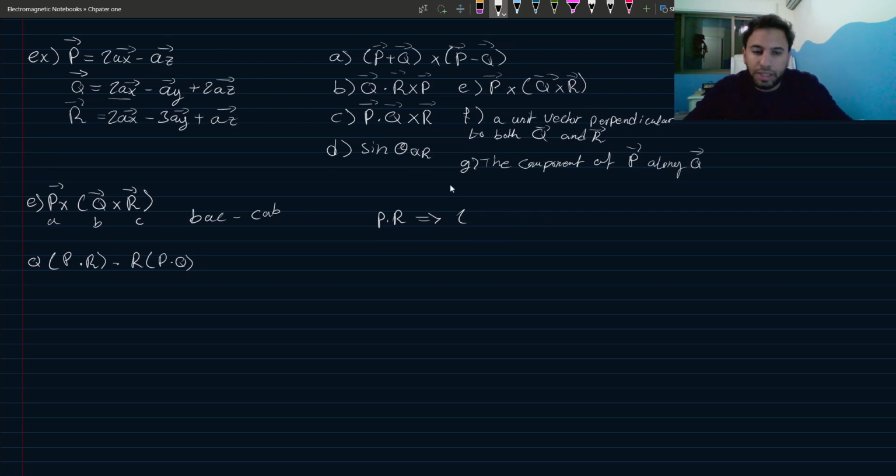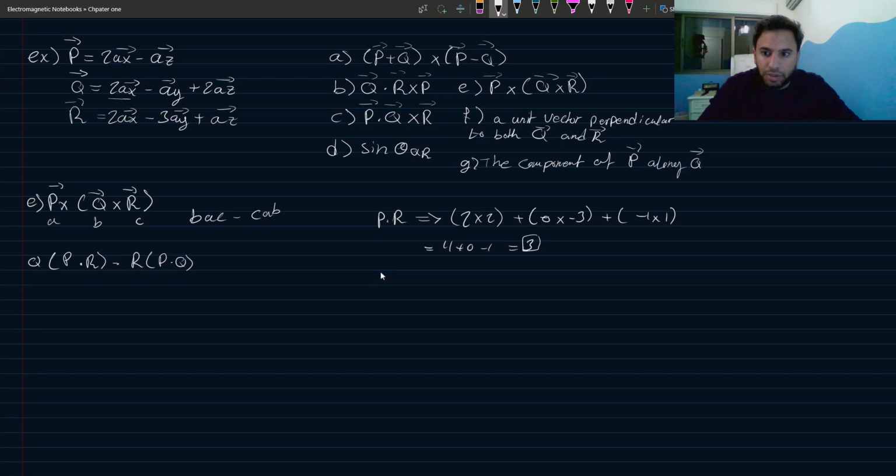So that's just multiplying the like components together. So 2 times 2, which are the x components, plus 0 times minus 3, plus minus 1 times 1, which will be 4 plus 0 minus 1 equal to 3.